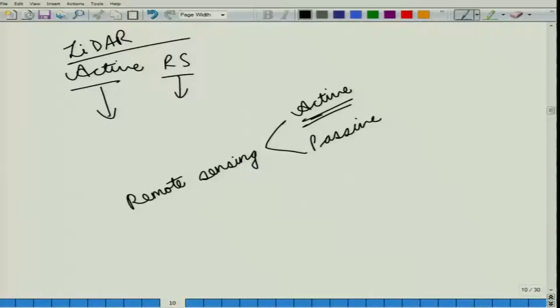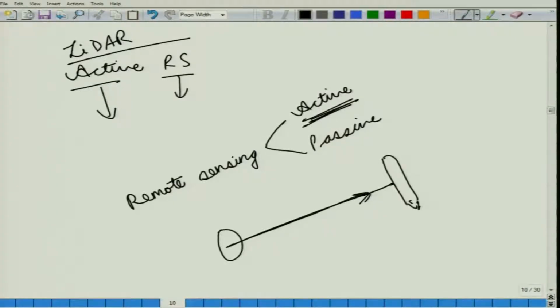Active remote sensing, on the other hand, uses a technique in which you fire some sort of radiation at your object. Suppose we had this pen here, and suppose I threw some light, for instance laser light.